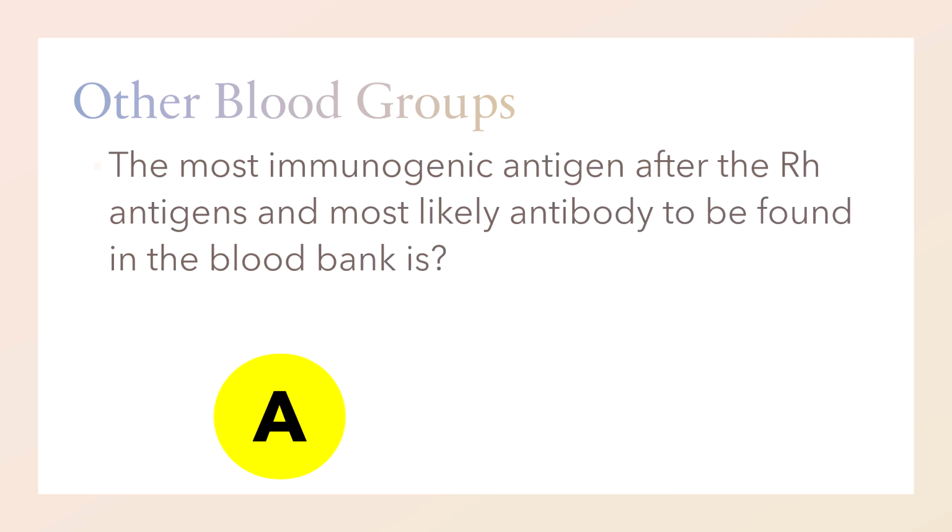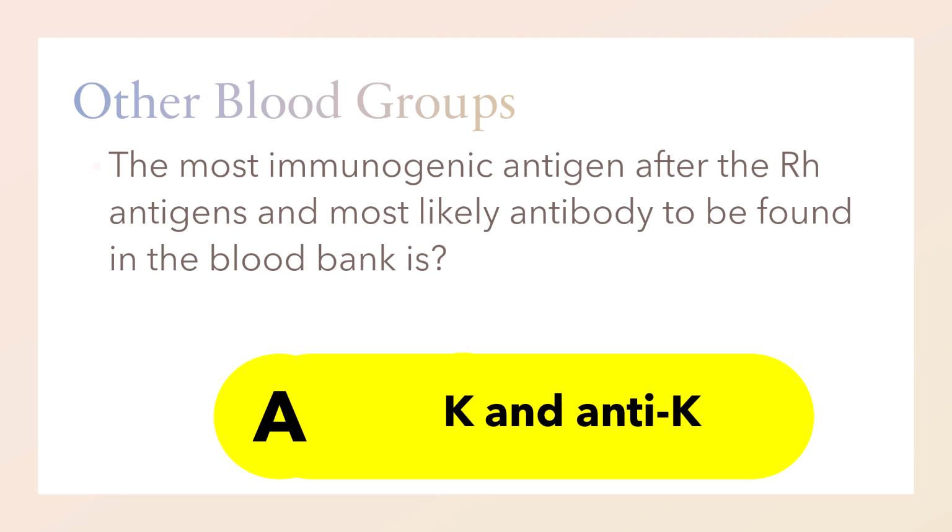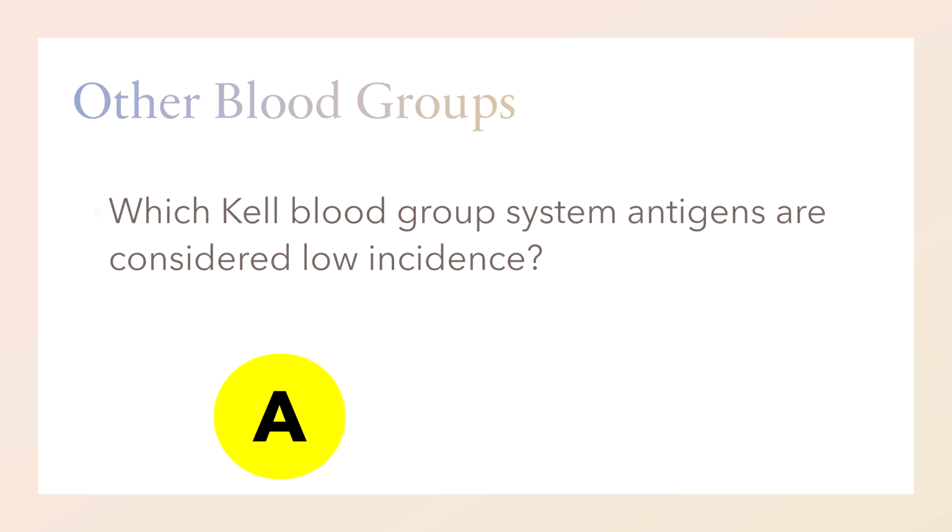The most immunogenic antigen after the Rh antigens and most likely antibody to be found in the blood bank is? So the most immunogenic antigen is big K or KEL, and anti-KEL is the antibody. Which KEL blood group system antigens are considered low incidence?